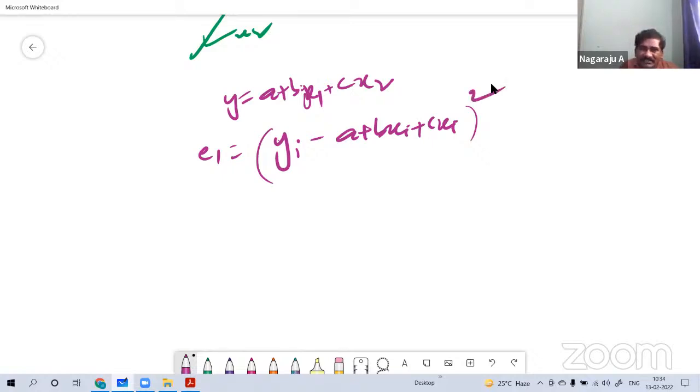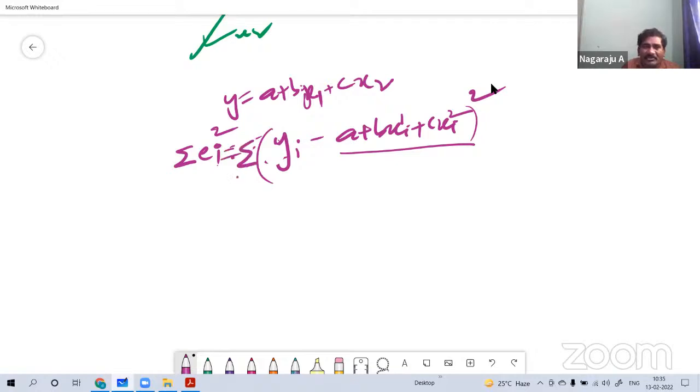This is x1 and this is x2. These points give the residual errors. Here E1 square is the ith term error. Now the sum of all the terms is called the summation, the summation of the error.